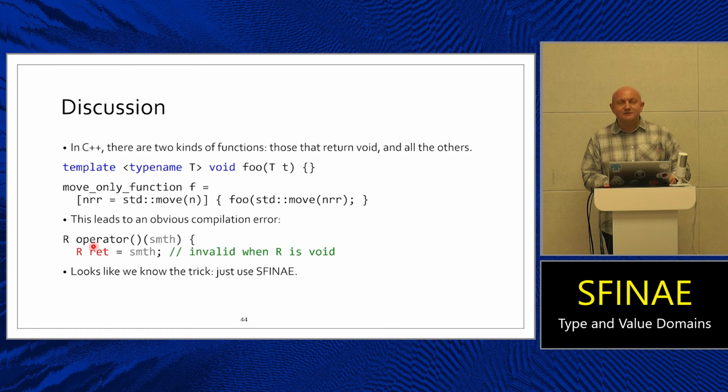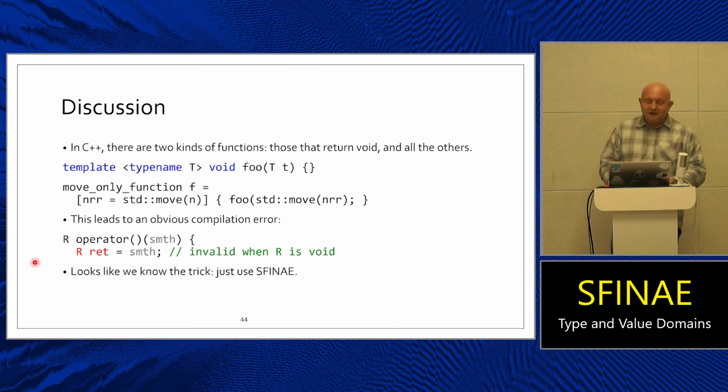We can't assign it. And the compiler immediately complains. So this whole design implicitly assumes that the return type is something we can actually hold. In other words, it only works for functions that return something. But in C++, there are functions that return nothing. And it looks like it's time to fix that.